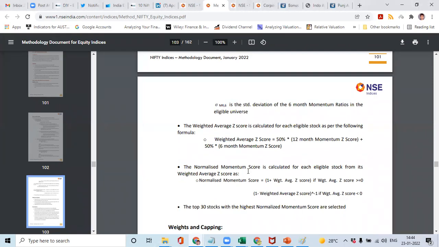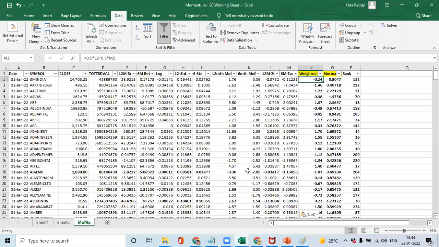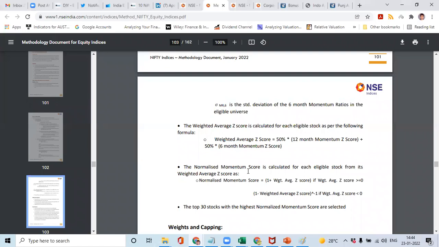Now, because this number is positive or negative, you need a way to normalize. See, this number is negative and this number is positive, right? So the way to do a normalization of these numbers is, if it is a positive number, simply put 1 plus that Z score, 1 plus this number.